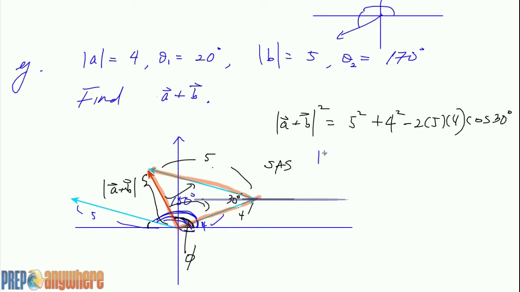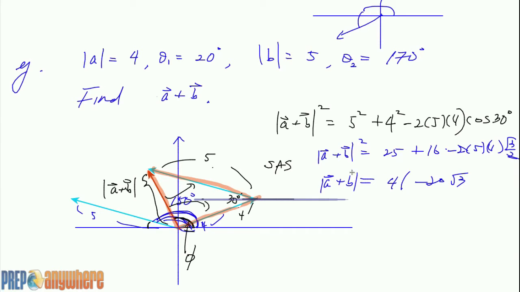Cosine 30 is a special angle, it's root 3 over 2. So it's 41 minus 20 root 3. That's going to be the magnitude squared. You square root both sides to isolate the A plus B magnitude.